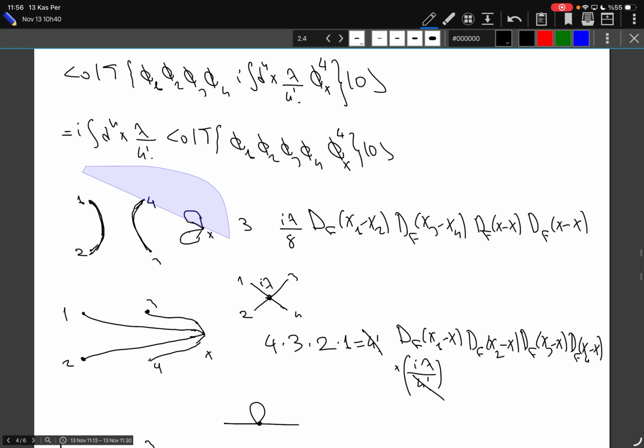Then when I look at all these possible contractions, the 4 fields at the vertex, just pick any one of them. That can be contracted with any 3 of them. So you will get 3 identical contributions. So you get 3 over 4 factorial, which is 1 over 8. 8 is the symmetry factor for this diagram.